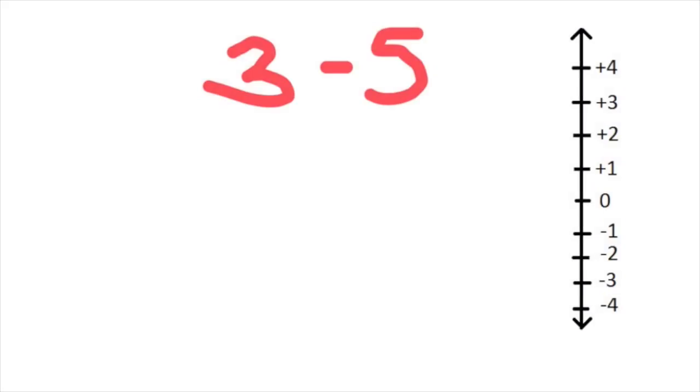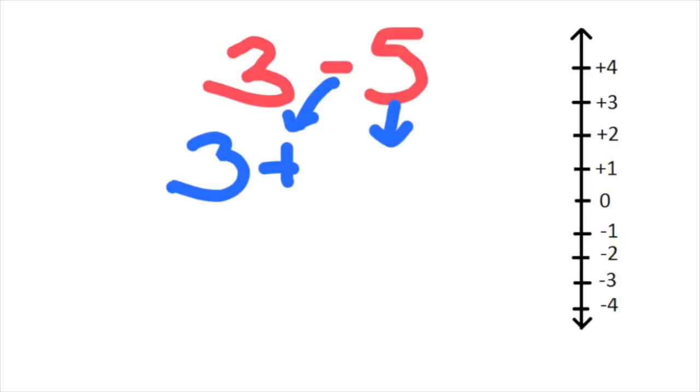Alright, so when you do these problems, you can change all of them into addition problems. You can say 3 plus, so we're changing this minus into a plus, and the opposite of 5 is negative 5. You can do that mentally, or you can think about a number line, and you start at the first number.